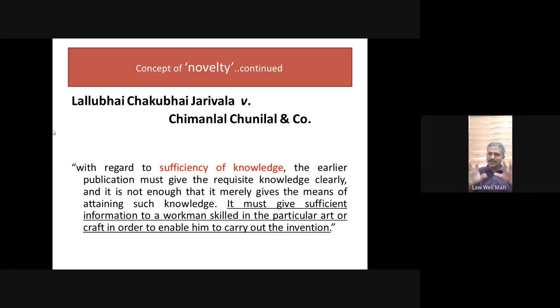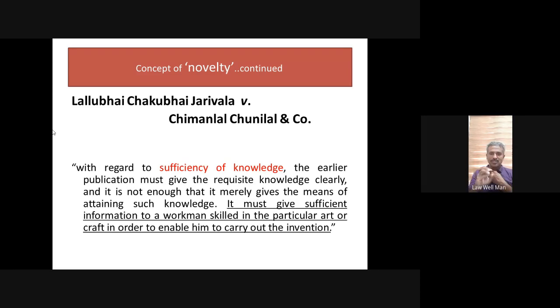So it must give sufficient information to a workman skilled in the particular art or craft in order to enable him, this person. It's not an ordinary person, a lay person who doesn't know anything about this particular area. If it is pharmaceutical, a person who doesn't know. For example, myself, I do not know the technology in the pharmaceutical industry. I'm not an example for this.